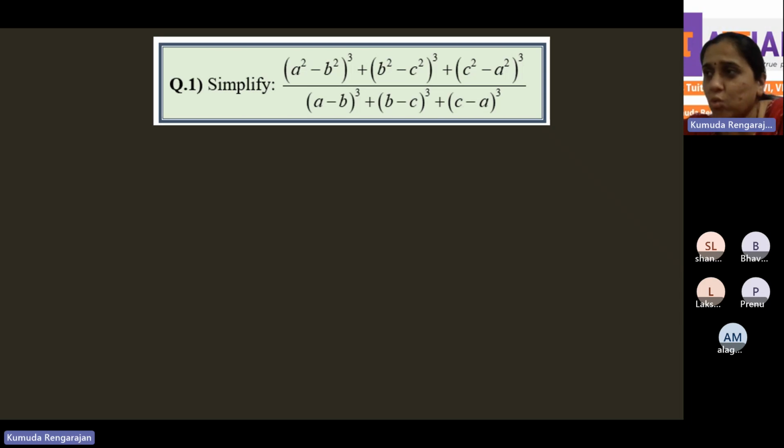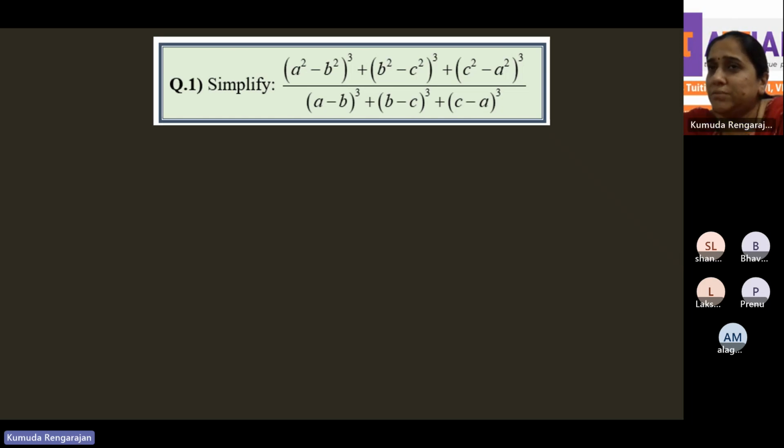Or you can call it p cubed plus q cubed plus r cubed. So what is x cubed plus y cubed plus z cubed? If x plus y plus z is 0, then it is equal to 3xyz. If p plus q plus r is equal to 0, then it is equal to 3pqr.